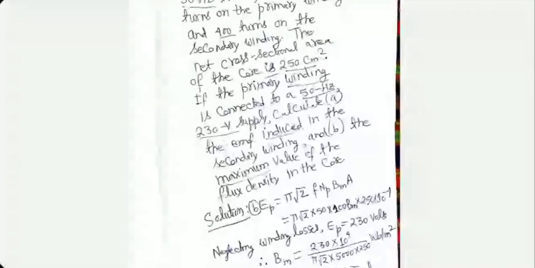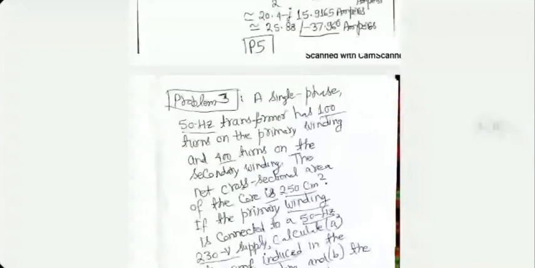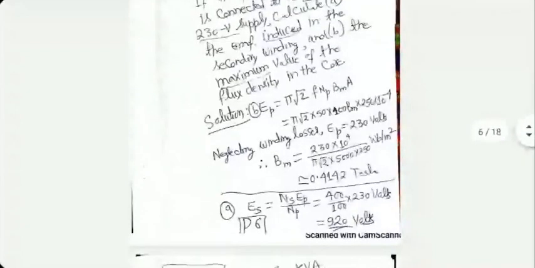So here I plug in all the values. And we will assume an ideal transformer because nothing is given about losses. And I calculate the flux density in the core. Okay, that is what they wanted as part B.